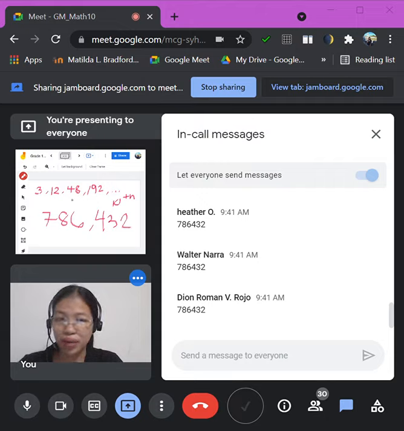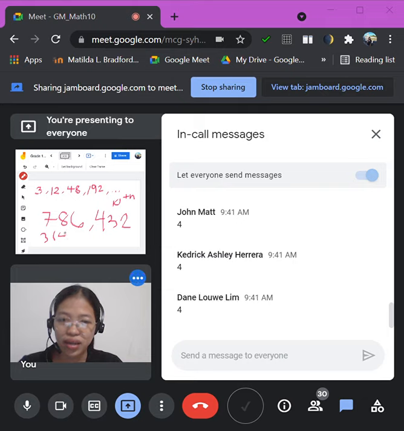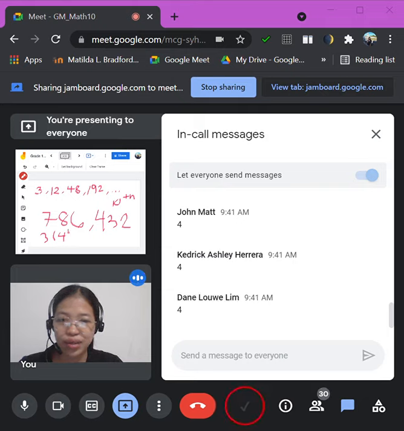Okay, di ba, ang iyahang first term kay 3. Iyahang common ratio, di ba, dili na 3 iyahang common ratio. Pila tong common ratio diri, class? Very good. That is 4. And then 10 raised to the power of minus 1.